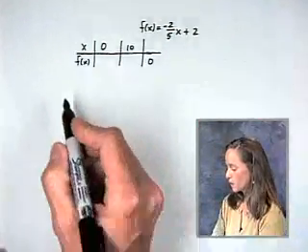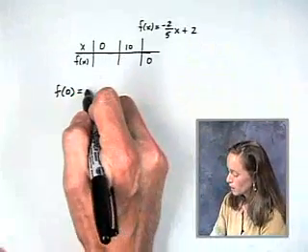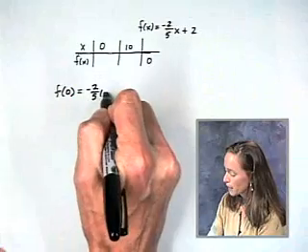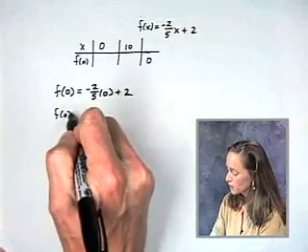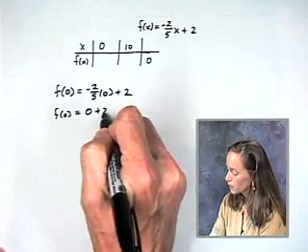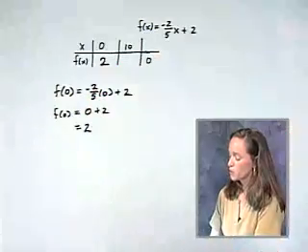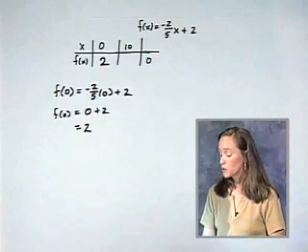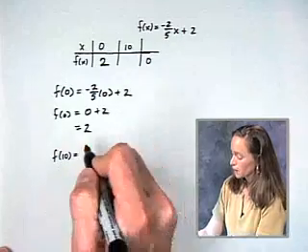Starting with 0, I want to know what is f of 0. I substitute 0 for x and simplify. f of 0 is 0 plus 2, which is 2. We can fill 2 into our table. Now let's use 10 for x. I need to know what is f of 10.